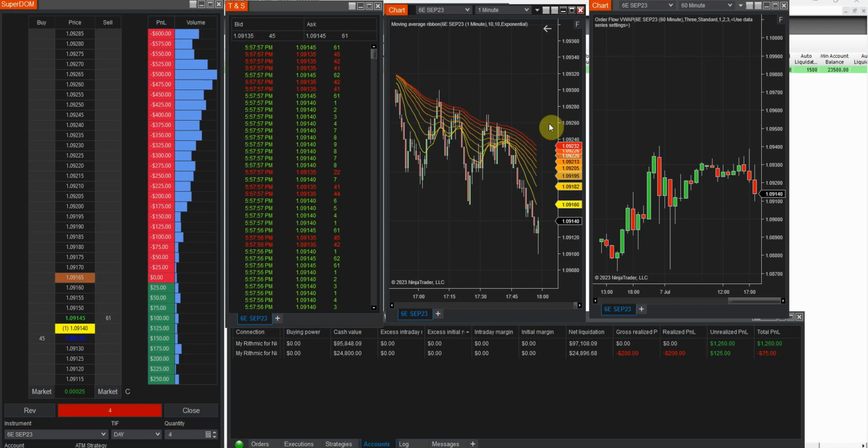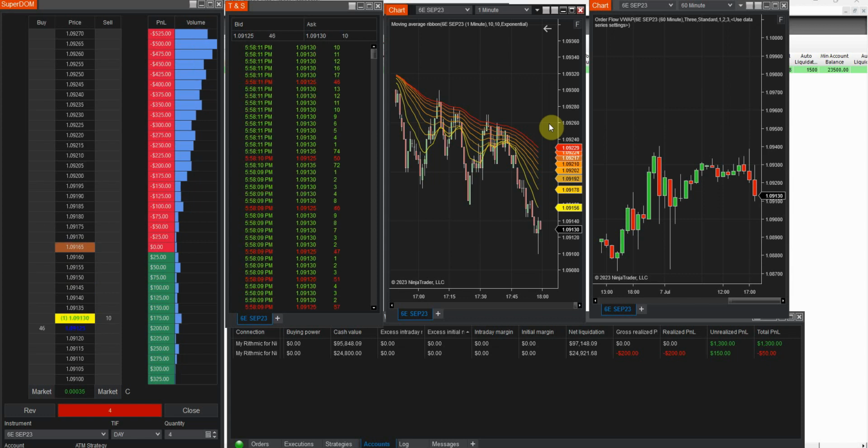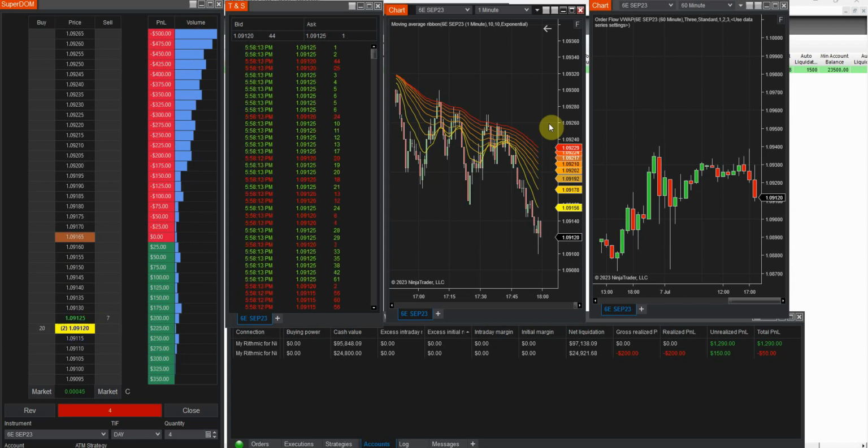We've got 3 minutes. I just want to see it to the open of the next candle. Here comes some serious selling. Some big buy orders, a lot of buying. It's battling it out at this level.